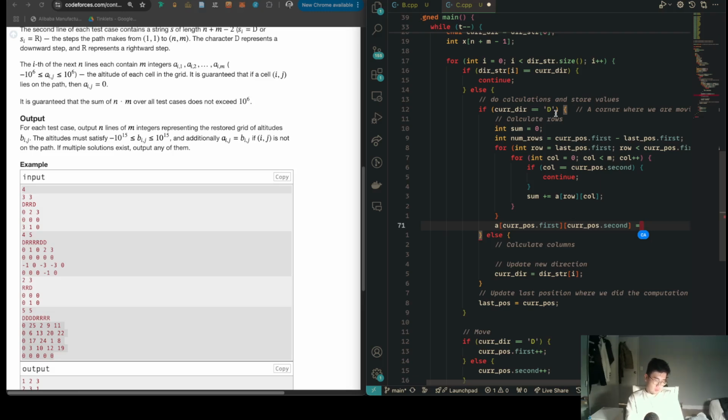It's like linearly dependent. You can't just set x1; if you set x1 you can figure out x2.